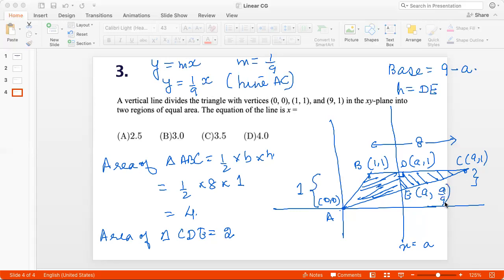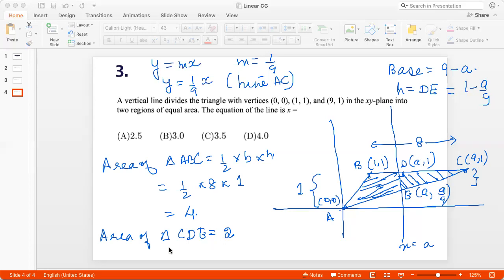Why? Because x is a and y is x by 9, so it has to be a by 9. So my height DE will be 1 minus a by 9, because 1 is the y coordinate of D and a by 9 is the y coordinate of E. So 1 minus a by 9 is the height.